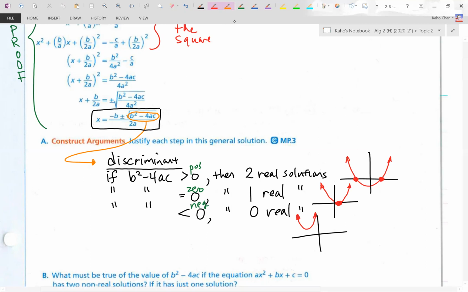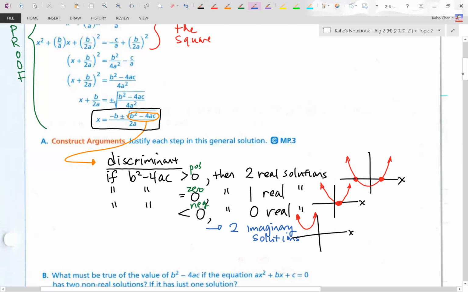Okay? In fact, when it doesn't cross the x-axis, we consider this to have two imaginary solutions. And that's the key. Two imaginaries.